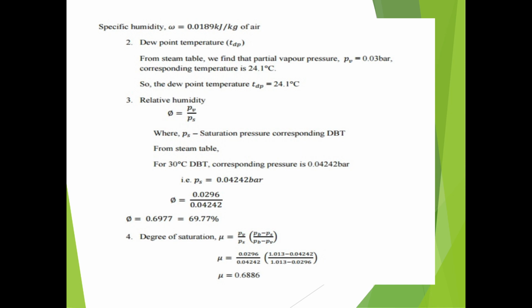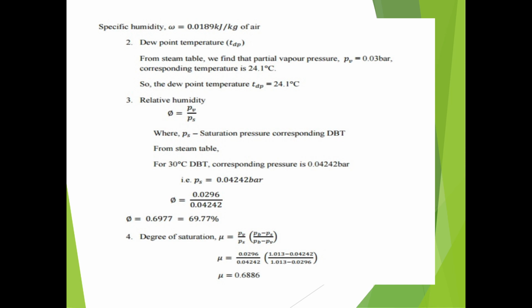Next is relative humidity. Relative humidity is expressed as phi equal to PV divided by PS. Here PS is the saturation pressure corresponding to the dry bulb temperature. From the steam table, for the dry bulb temperature of 30 degrees Celsius, the pressure is 0.04242 bar.